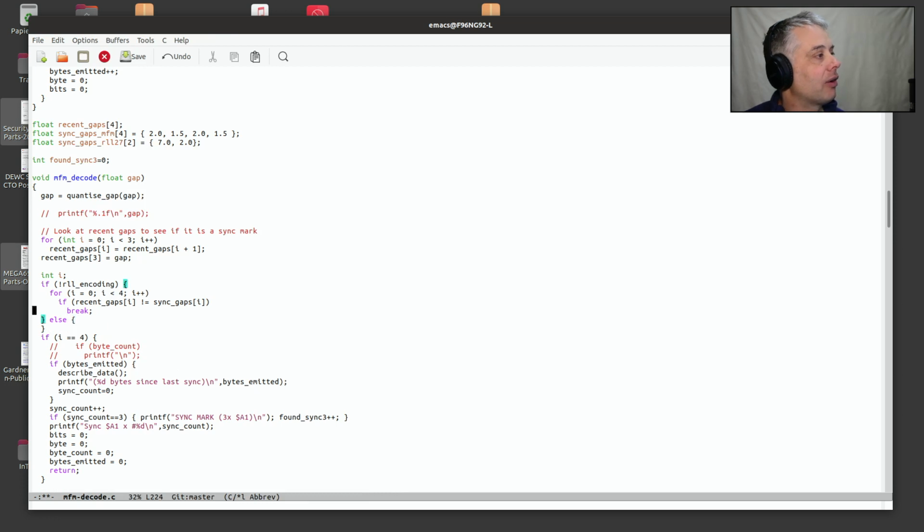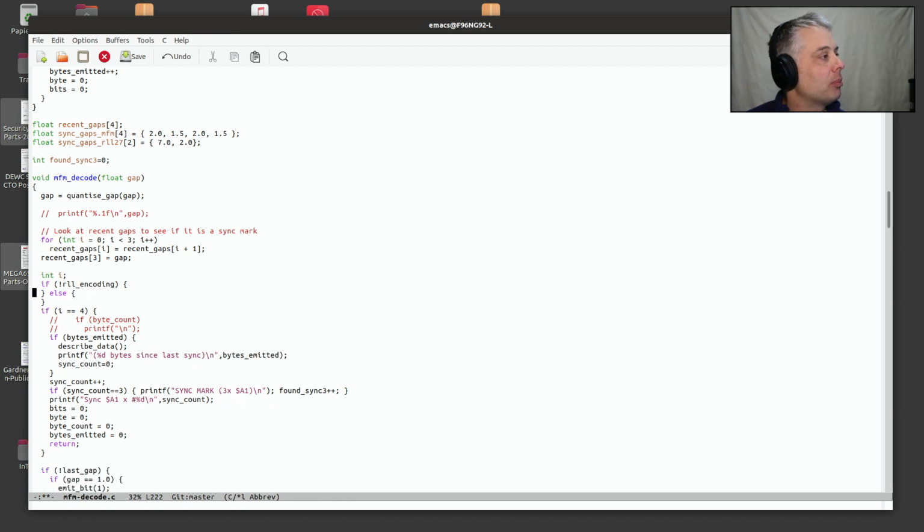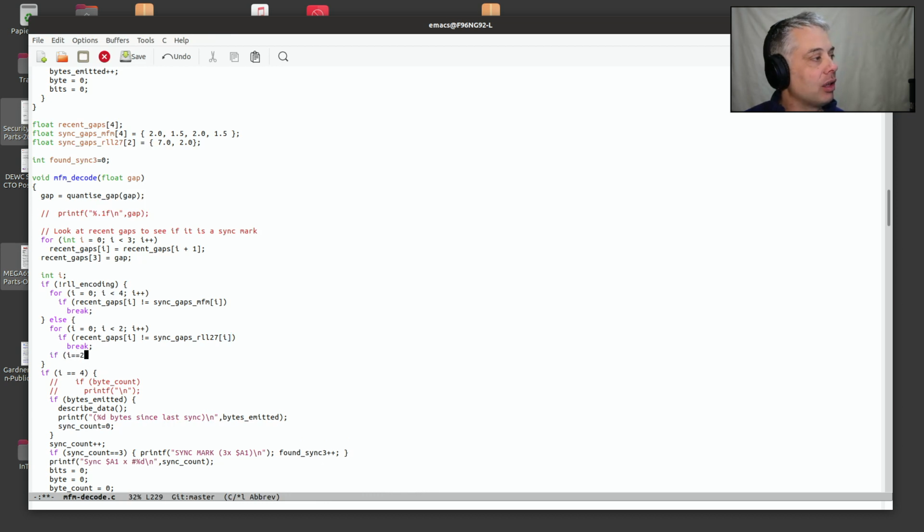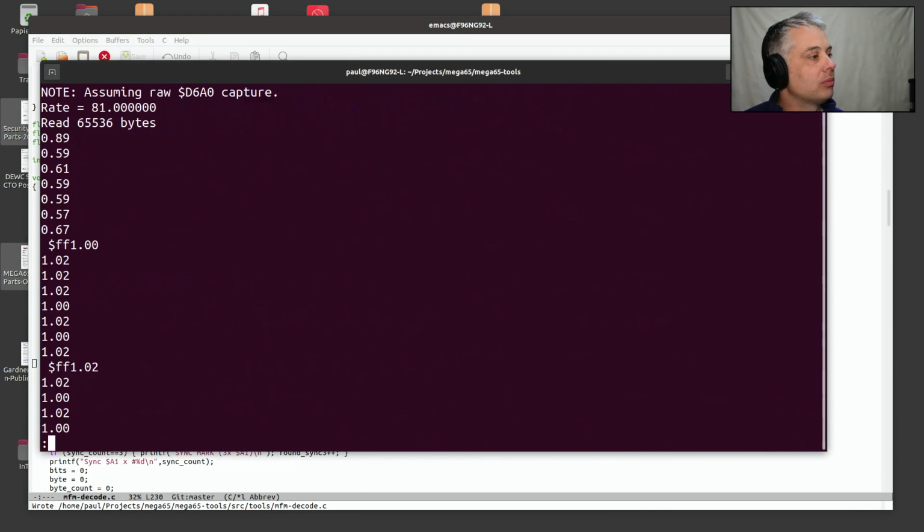So this is for RLL. Copy paste. We only have to look at 2. And so we just do a bit of magic here. If I is equal to 2, I is equal to 4, so that the follow-on code works.